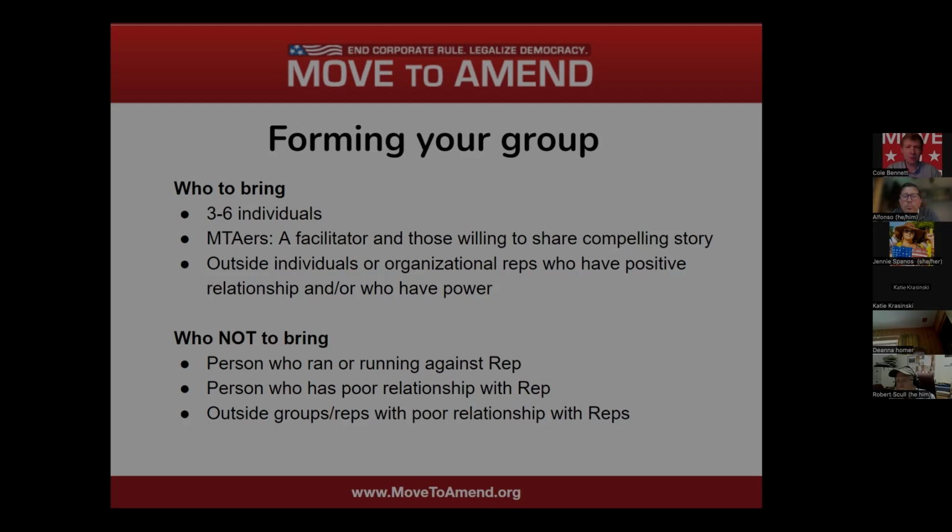In my experience, having people that might talk too much, these are all things you want to consider. And I believe all this stuff is on the website. We have all this information there. So if at any point you get off track or don't know what I'm talking about, all this will be sent to you as well.